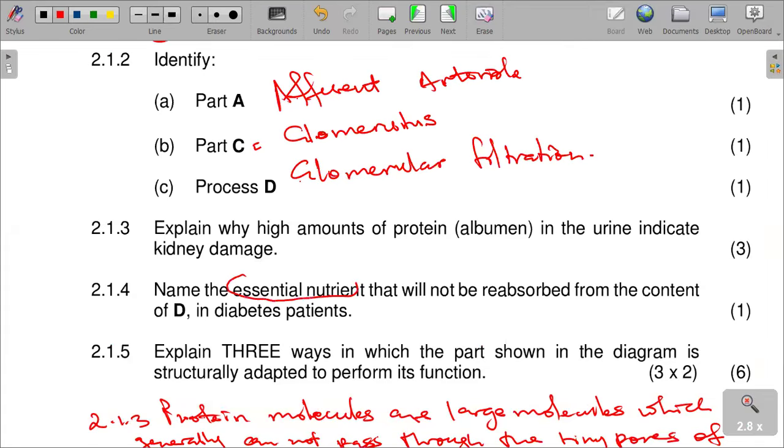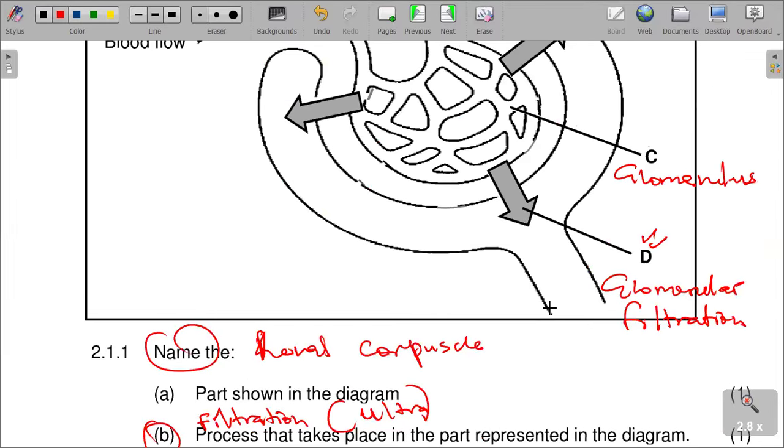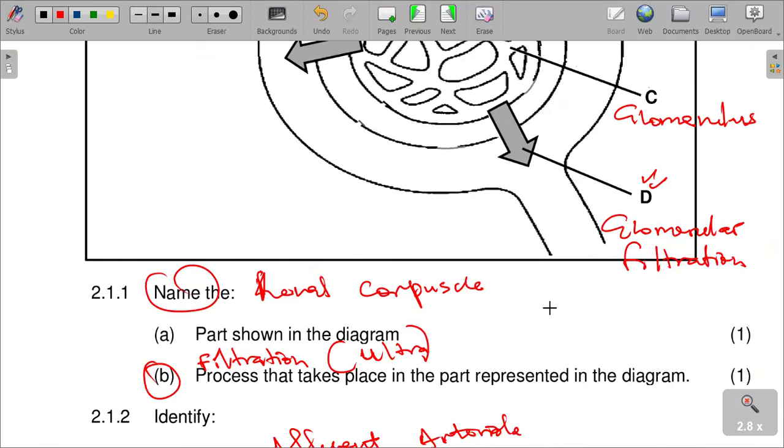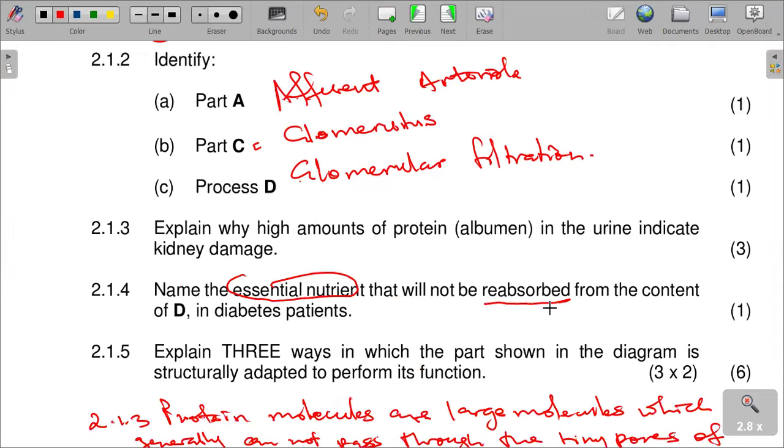It is glucose. It is glucose that will not be reabsorbed from the content of the glomerular filtration.